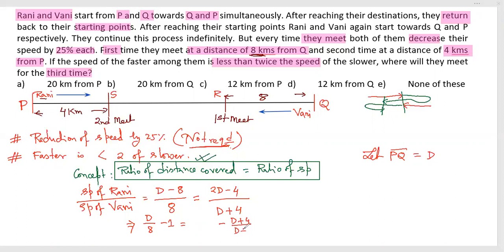So in the numerator I have subtracted D plus 4. So the first part would be D plus 4 more, that would be 3D minus 4 plus 4, so 3D, divided by D plus 4. This way the arrangement has been done.